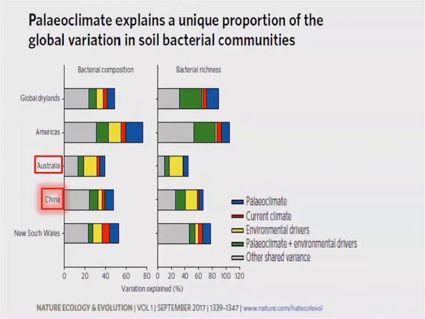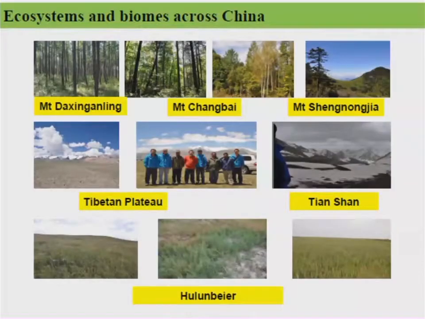So we found the paleoclimate, about 10 to 20,000 years ago, played a very important role in determining the microbial distribution pattern. So this paper, in 2017, we published in Nature Ecology and Evolution. So this is a very large-scale study.